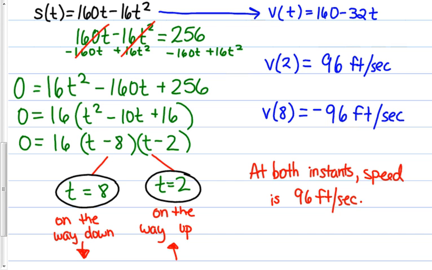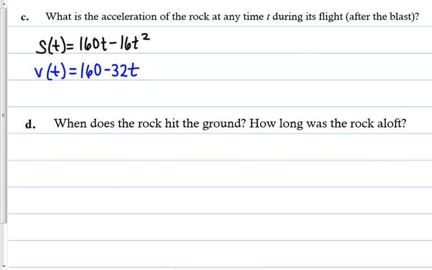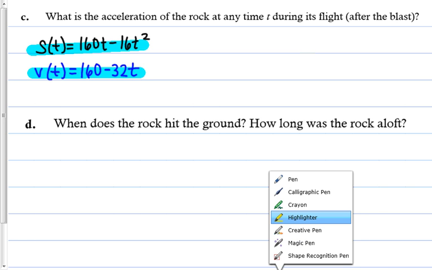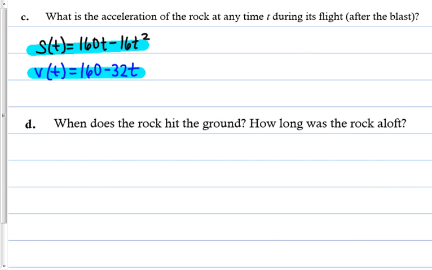C. What is the acceleration of the rock at any time t during its flight after the blast? Okay, acceleration. In order to find acceleration, you're supposed to take the position function and derive it and get velocity, and then derive that, and you're supposed to get acceleration.